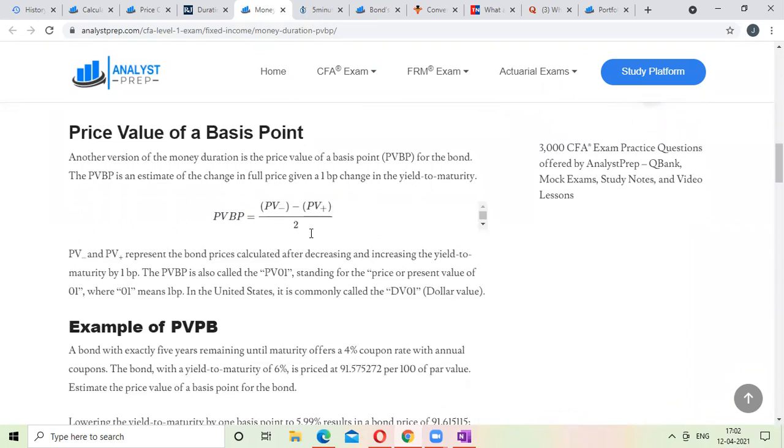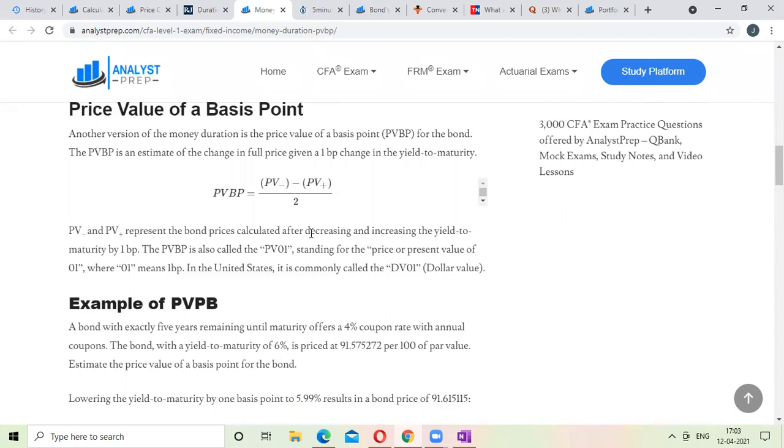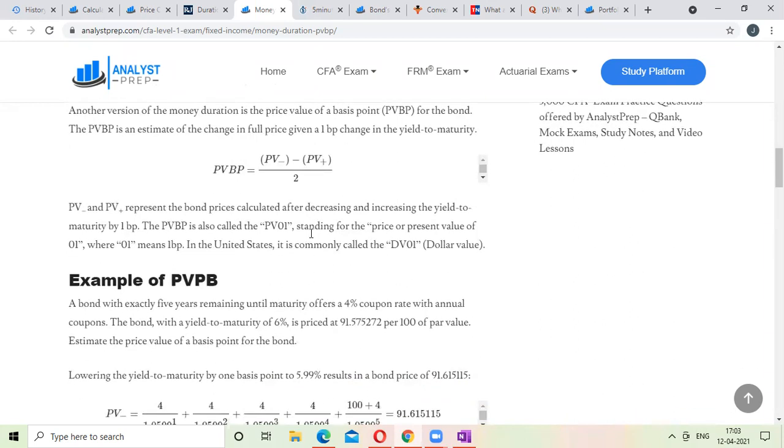Price value of basis point, another version of money duration. This is one of the money durations only, because this is also calculated in terms of dollars. Price value of basis point for the bond is an estimate of change in full price given a 1 basis point change in yield to maturity. That means if your yield to maturity increases or decreases by 1 basis point, what is your bond's price change?